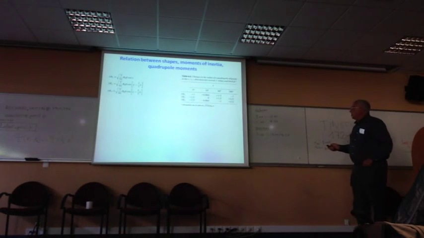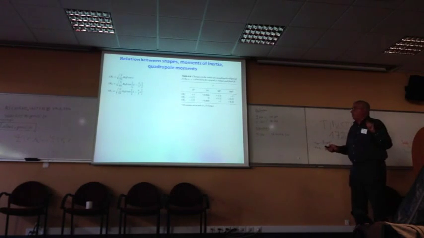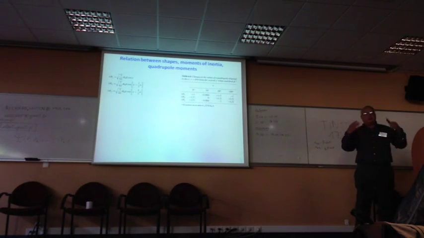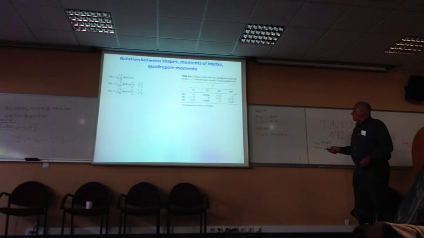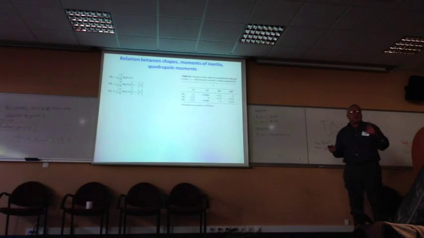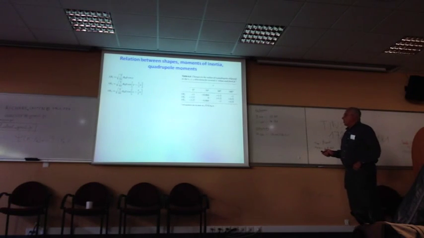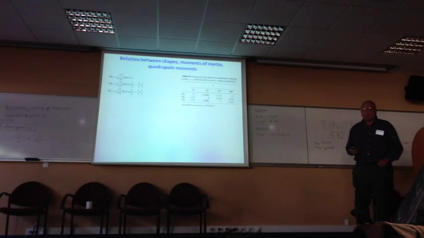Gamma equals 0, by the way, there are different conventions for gamma. Gamma equals 0 is always an axially symmetric prolate American football type nucleus. The shapes for these other gammas, there are different conventions. I'm using a convention where 0 is prolate, 60 is oblate, and 30 is the most axially asymmetric.